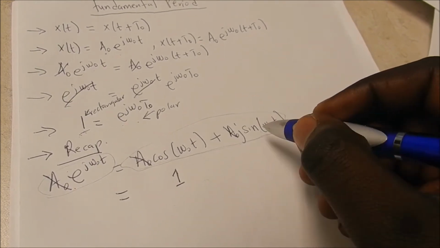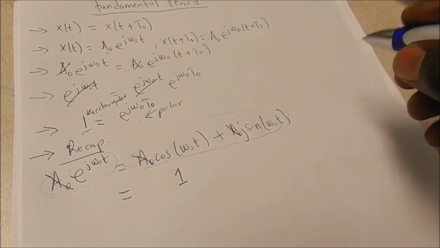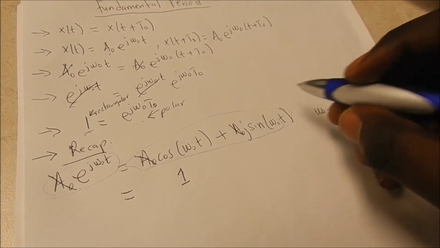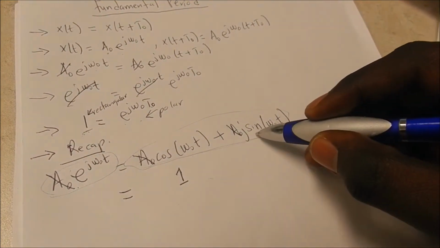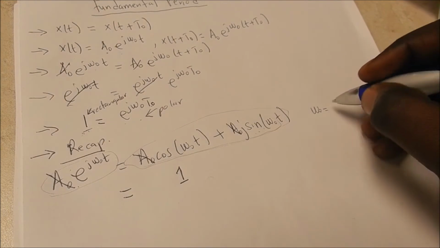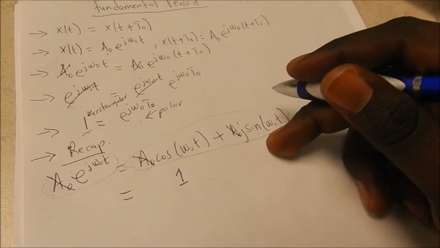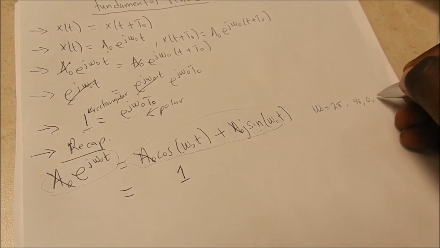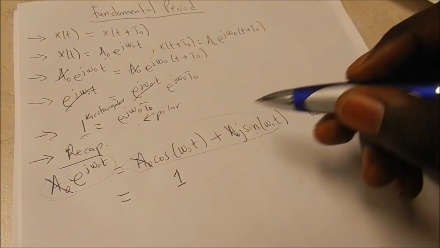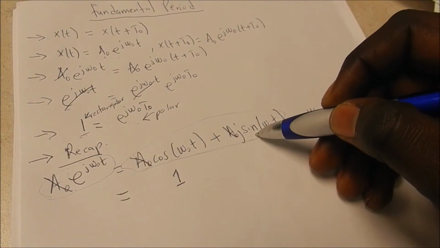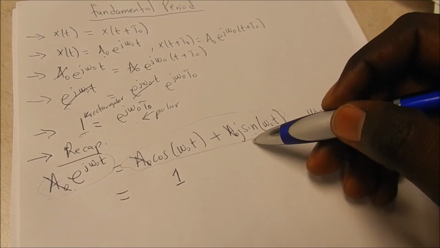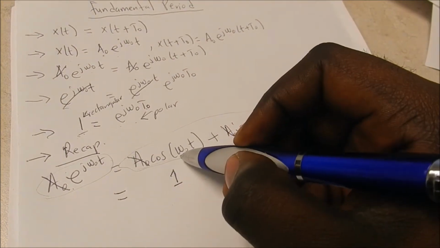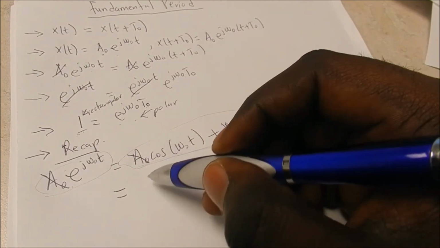You have to ask yourself, what value of omega naught will produce a 0 at this point? When omega naught is equal to 2 pi, the whole thing will be 0, or when it is equal to 4 pi, that kind of thing, that will make this equal to 0. And while this is equal to 0, this will be a 1. So when you put 2 pi t over here, you're always going to get 1.